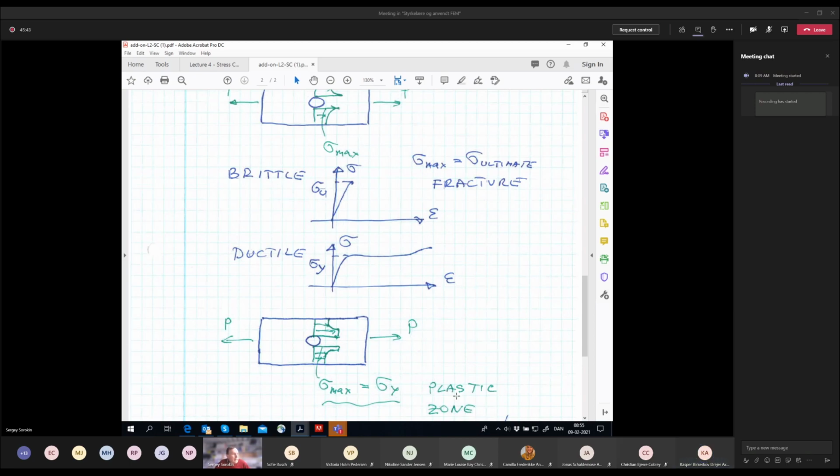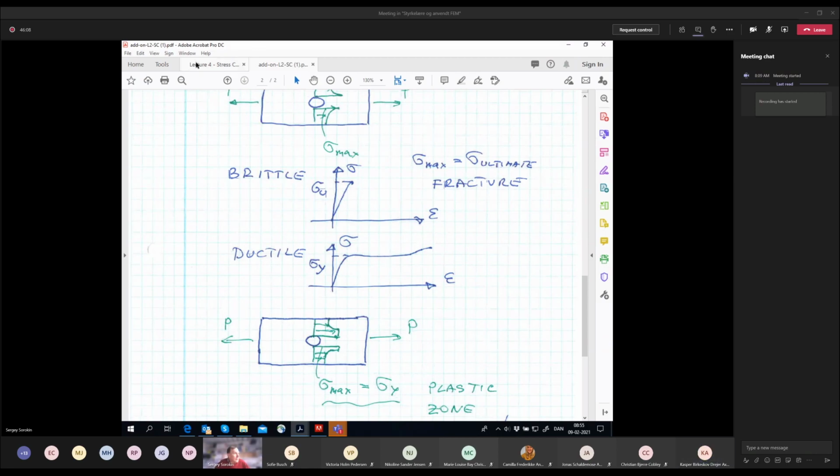I'm sorry, you're asking about the nominal stress in which story? In the last story, the nominal stress is just the brute force divided by the actual cross-sectional area. So you just take the force and then you divide it.